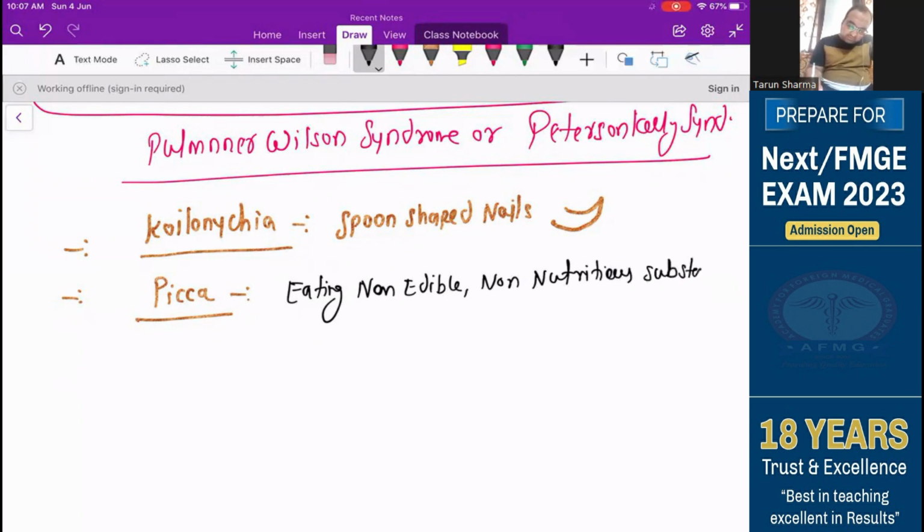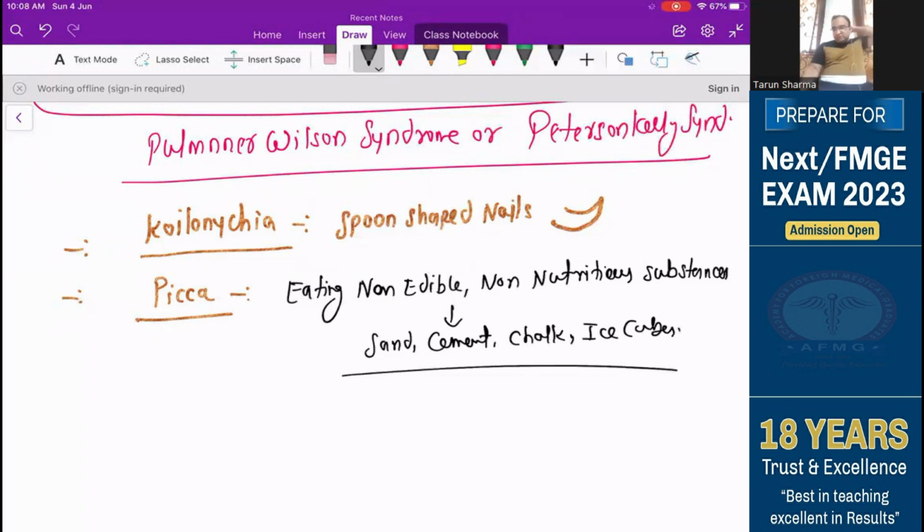Like the patient will eat sand, cement, chalk, ice cubes, and so many other things. So these things are not edible first of all, and if they are edible, then they are non-nutritious.